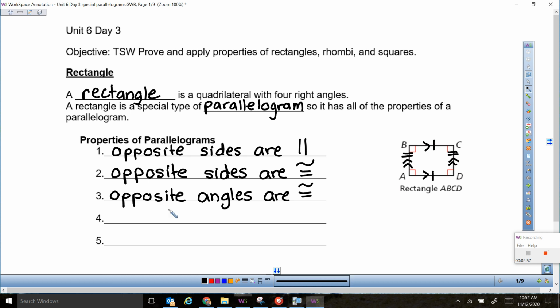We talked about the opposite angles being diagonal from one another, so that means angle B and angle D are congruent, and angle A and angle C are also congruent.